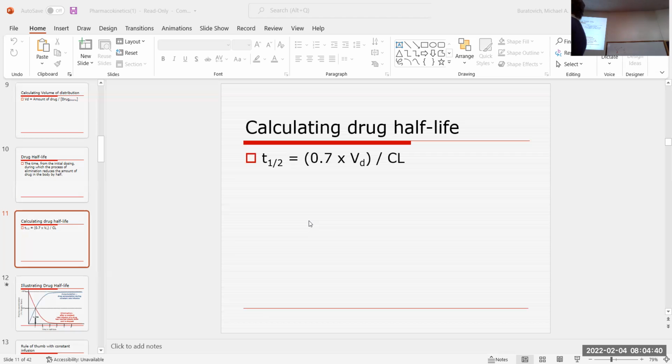For theophylline, where these two graphs cross is pretty much 8 hours. So that tells you the half-life of intravenous theophylline is 8 hours, as illustrated in this graph here.